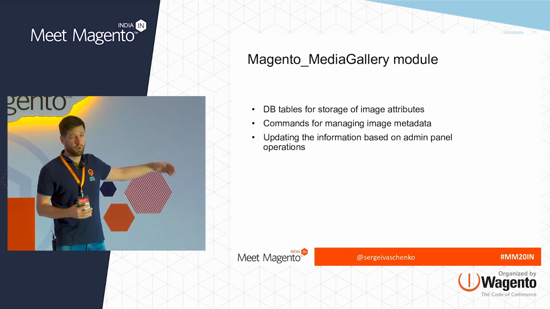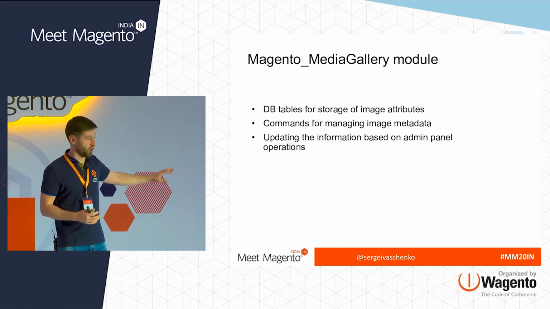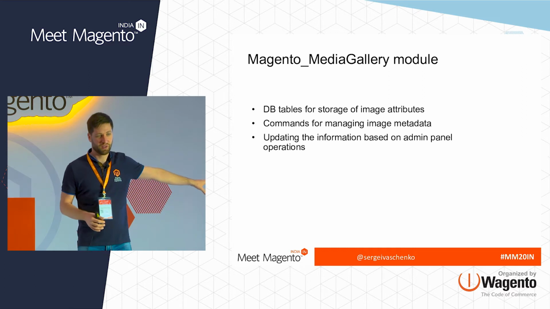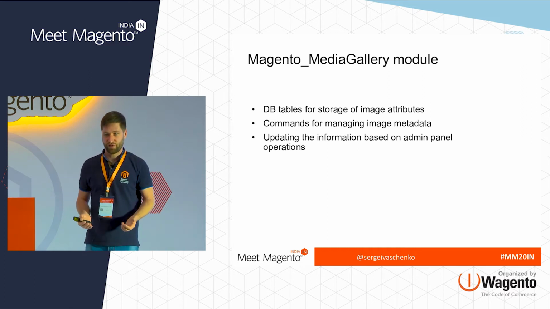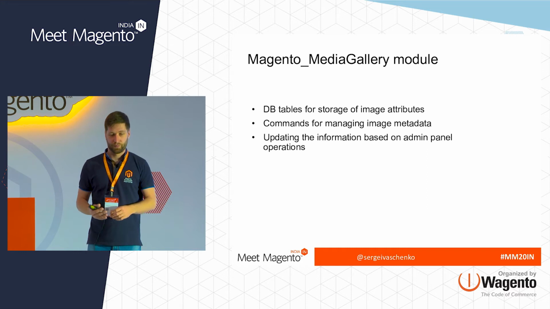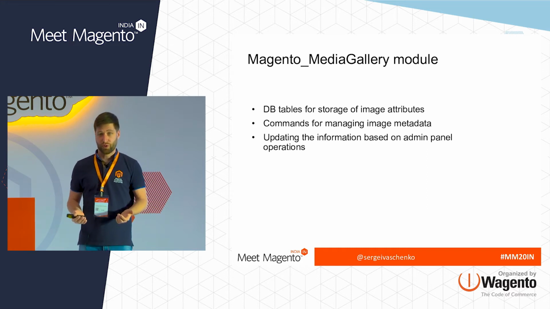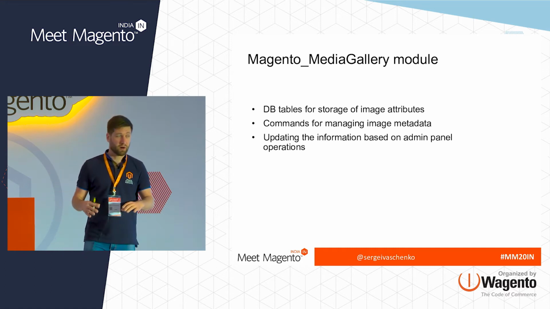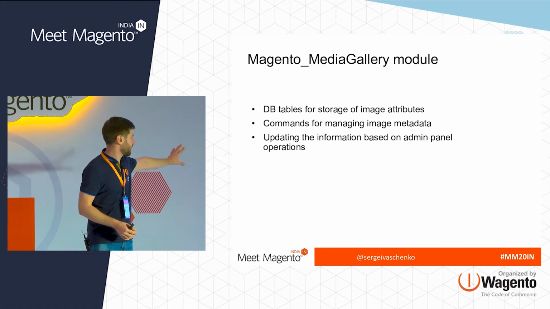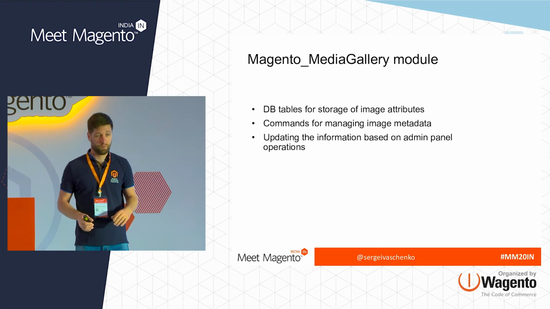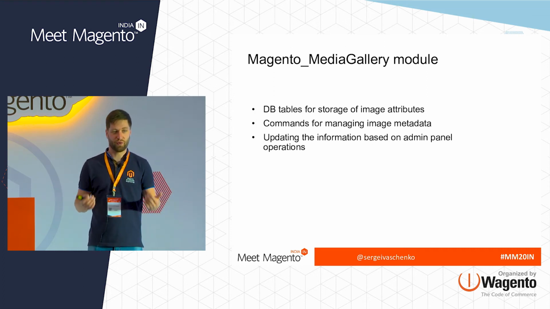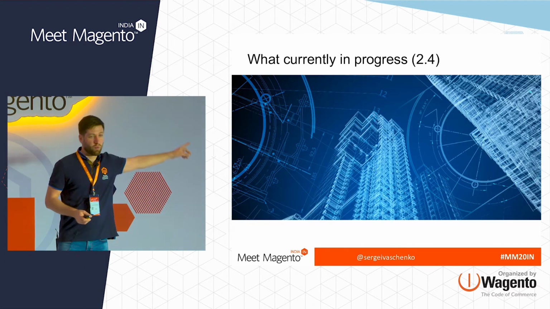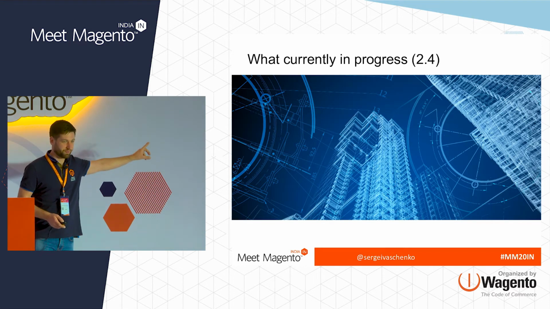For now, Adobe Stock integration is basically the only extension that is using this capability and filling the storage with the image attributes that can be used later. The images that are uploaded from the Magento admin in 2.3.4 are not populated and are still not working with the data storage in the database for the attributes. But that's something we are working on for our next release.